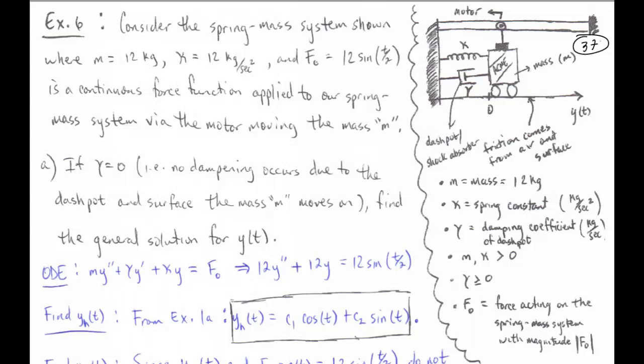The goal of this particular video is to show you what happens whenever we have a force function that's oscillatory, but it doesn't have all the ingredients that we need in order to achieve resonance.